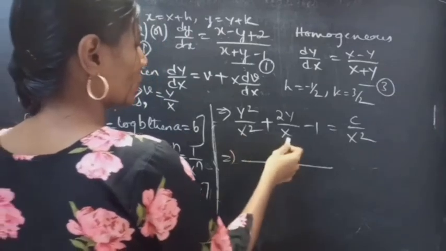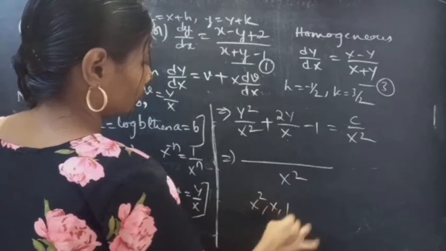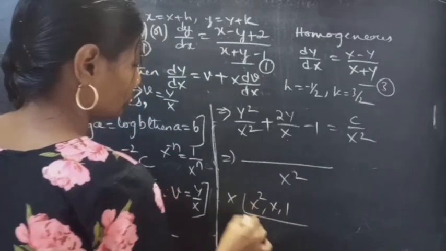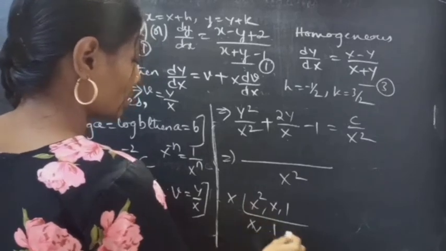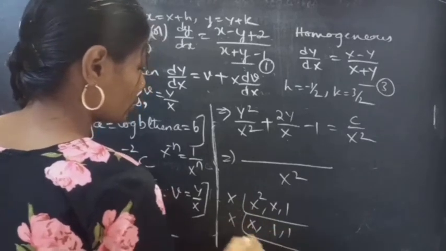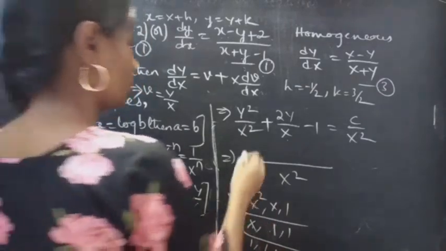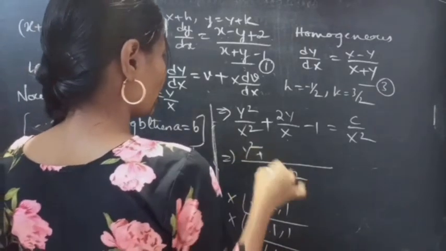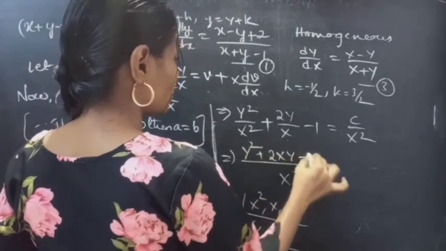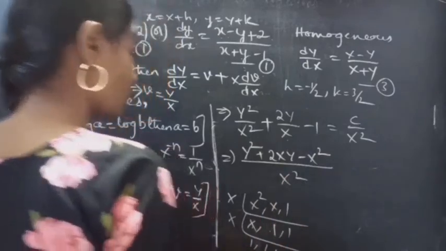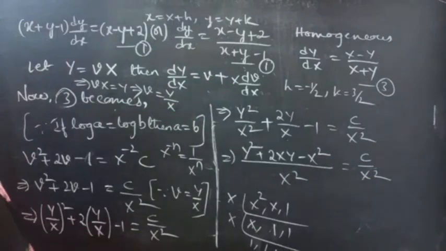LCM of x square, x and 1 is x square. In the numerator you get y square plus 2xy minus x square by x square equals c by x square.